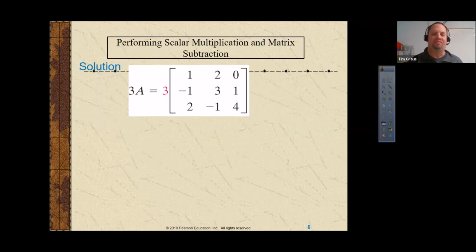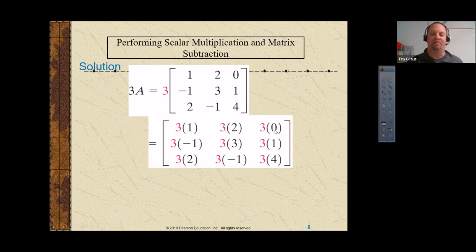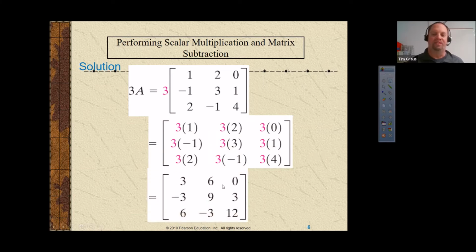So first, 3 times A, well, again, just distribute that 3, multiply it times every single entry in there, and we're going to wind up with 360, negative 393, 6, negative 312. So we're still following the same rules of positive and negative multiplication that we have in the past, just now doing the multiplication times 9 different entries.